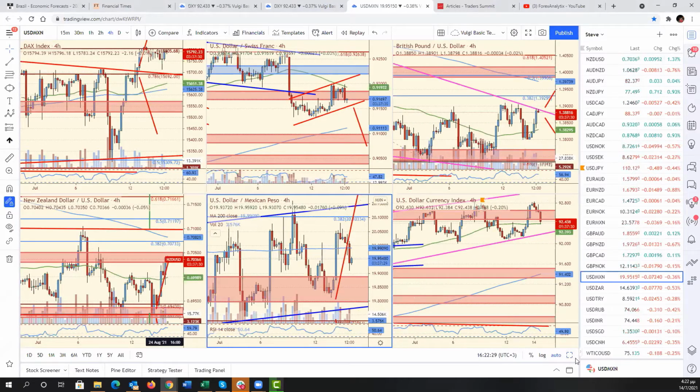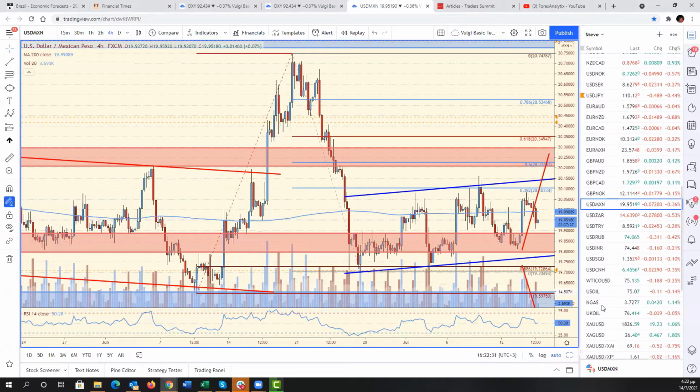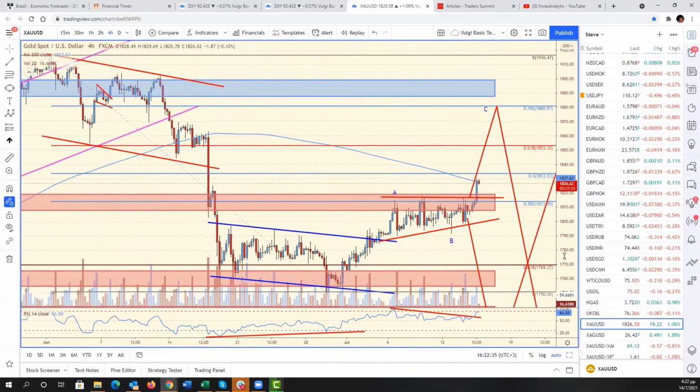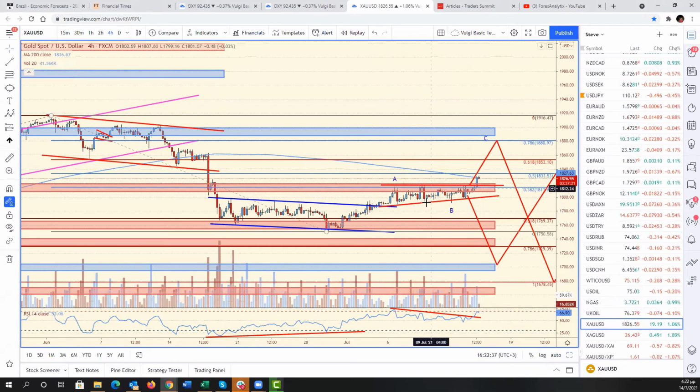Gold, silver, Bitcoin. Gold is breaking higher through this flat top triangle, which opens more upside for the time being, with the next upside target being the 50% fib at 1834, roughly, although, yeah, whatever, volatility is not that high.